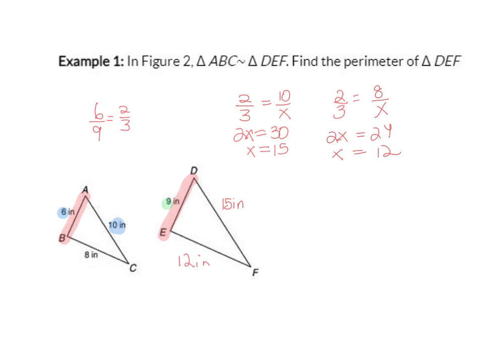And I now can figure out my perimeter by adding the 15, the 12, and the 9, and that is going to give me a 36. So therefore the perimeter of triangle DEF is 36 inches.